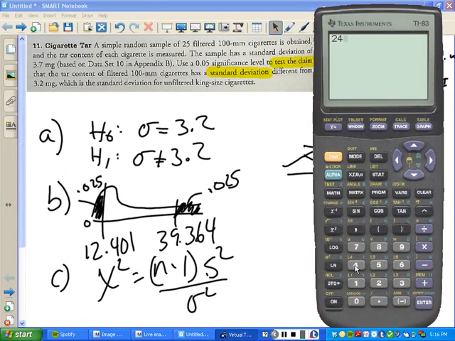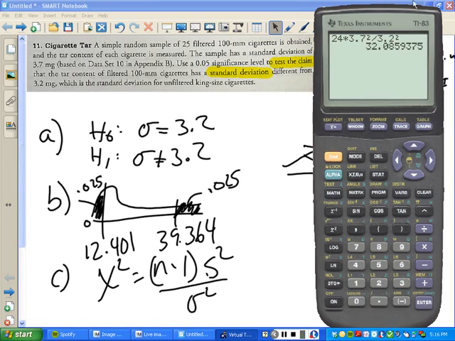I know you want to. It's dangerous. That's against the formula. I know you want to put in 25 minus 1, but just have faith in yourself. S squared is 3.7 divided by 3.2 squared. Okay. We straight? All right, so this turned out to be 32.09.